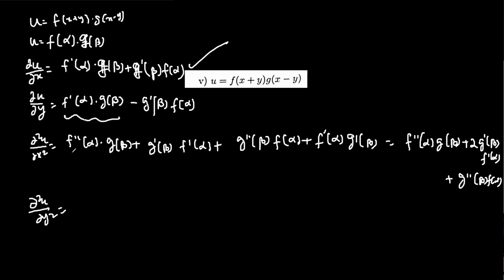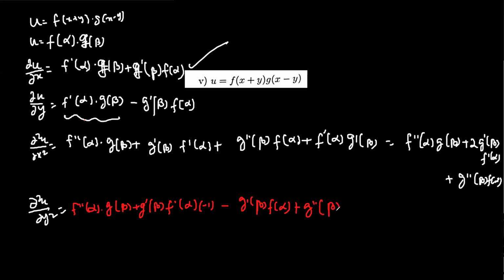So when you differentiate with respect to y, what will you get? f double dash alpha, g of beta, g dash beta minus 1, minus g dash beta, f of alpha, plus, minus, plus. Okay. So from here you will get f double dash alpha.